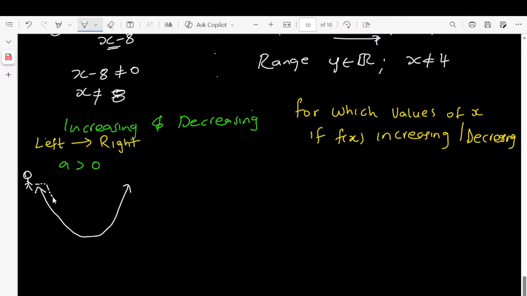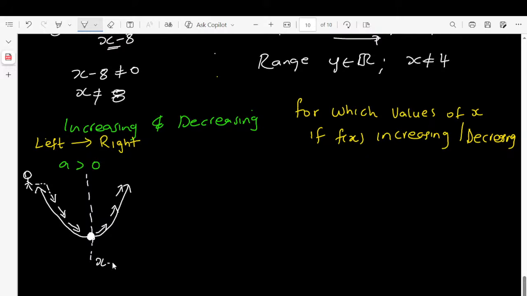Can you see that the moment you start going this side, you are going down. You are decreasing. You are decreasing until you reach the turning point. Then when you are on the turning point, the moment you start going up, you are increasing. You are increasing.